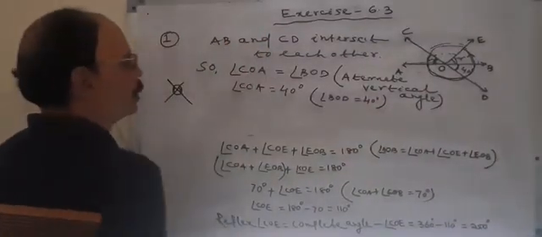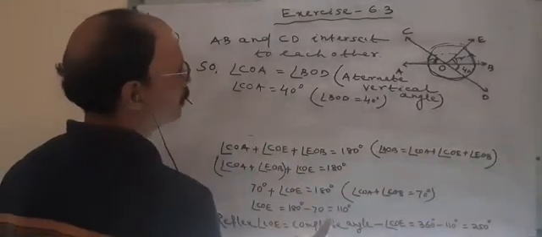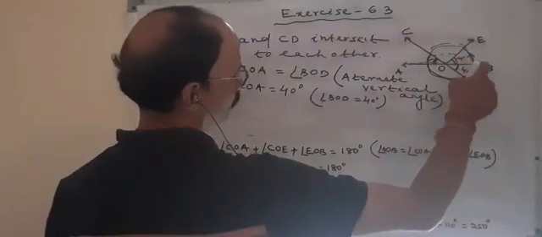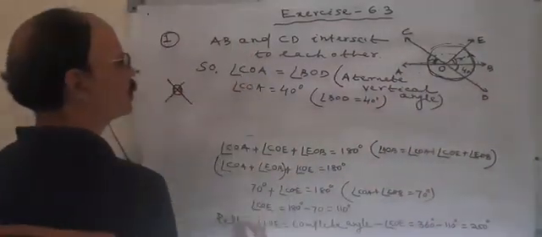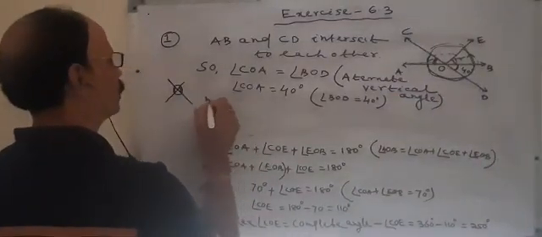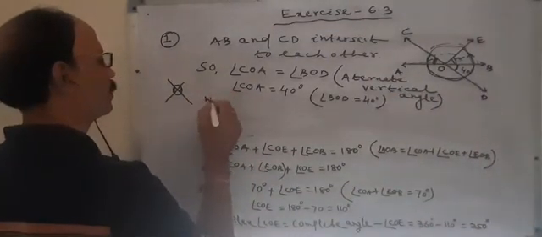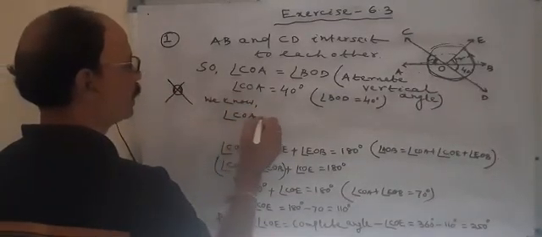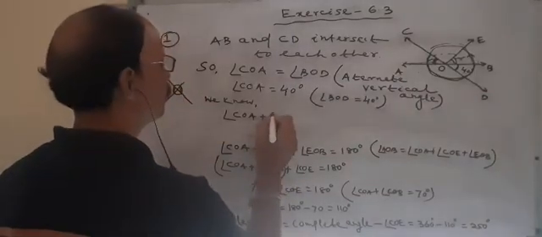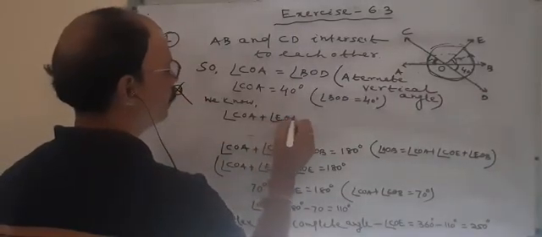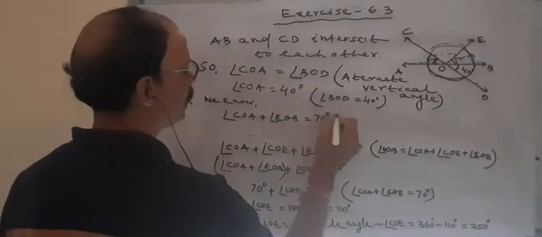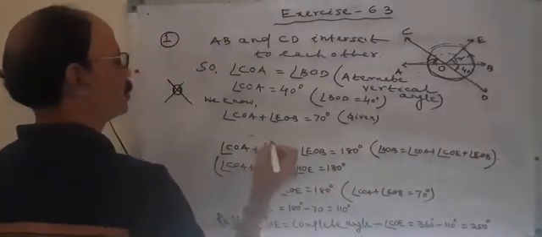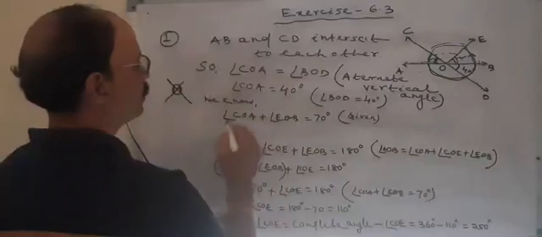Now we know that the sum of angles COA and BOE is given: angle COA plus angle EOB equals 70 degrees. Now we calculated COA as 40 degrees.